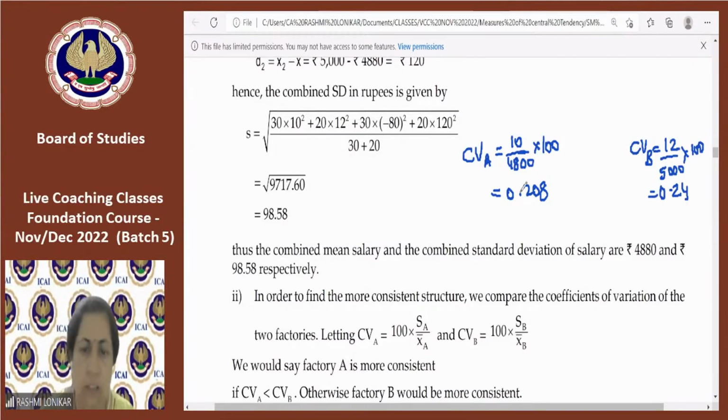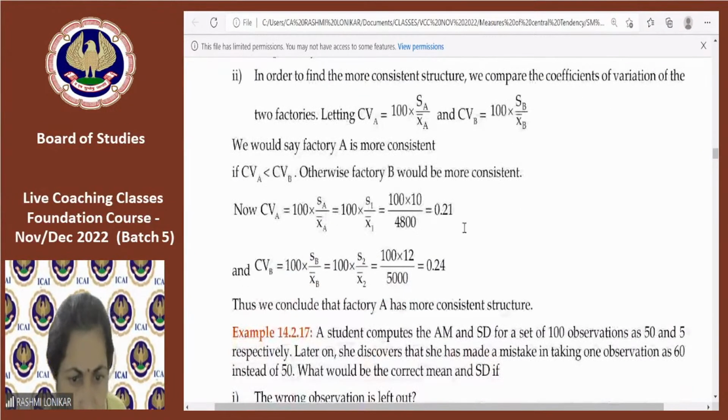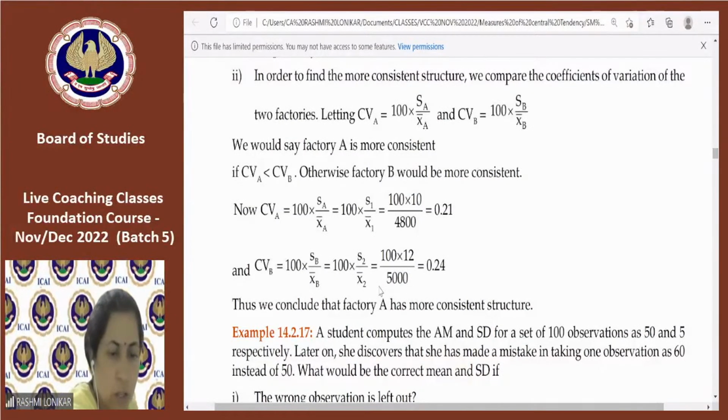So A has the lesser coefficient of variation, and so it is more consistent with its salary structure. So 0.21 and 0.24. We conclude that factory A has the more consistent salary structure.